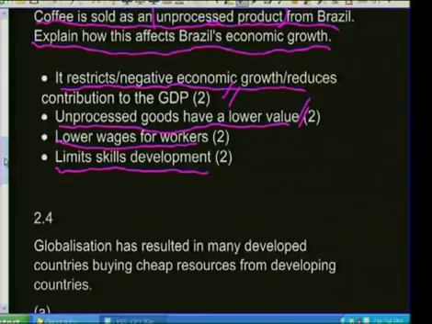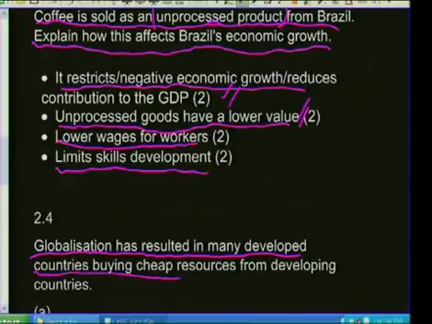Notice how the examiner links globalization, because in the next question itself, it says globalization has resulted in many developed countries buying cheap resources from developing countries. That is a reality. That's what your teachers would have told you also, that developed countries are buying. You know why already. So the examiner gives you a little lead into that.